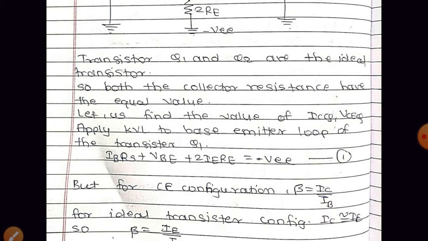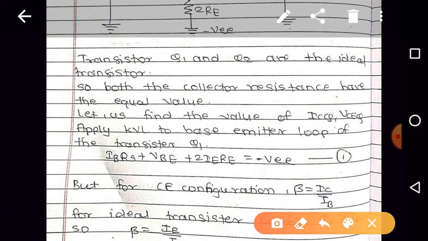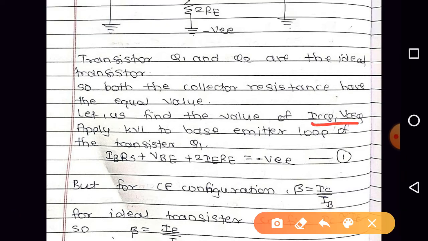Let us find the value of ICQ and VCEQ. Apply the KVL to the base emitter loop of transistor Q1. We get equation number 1.